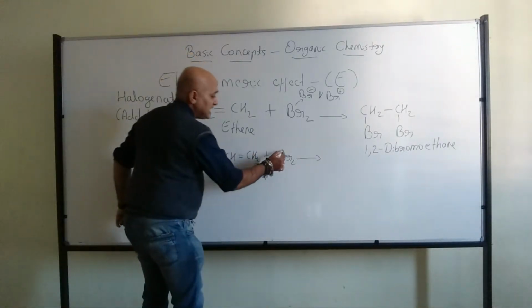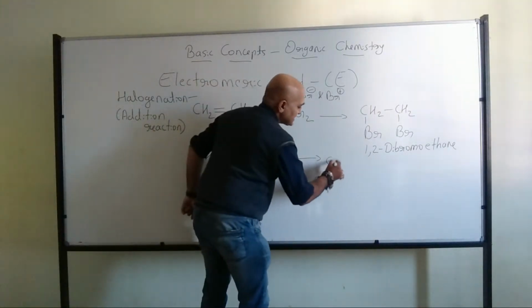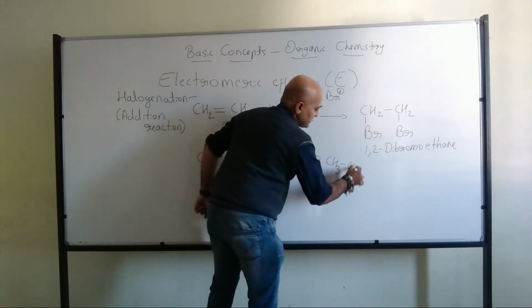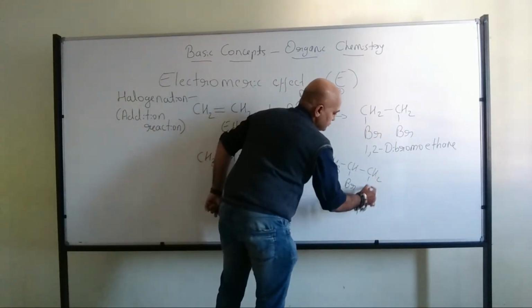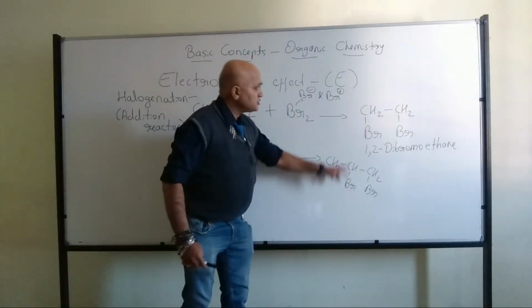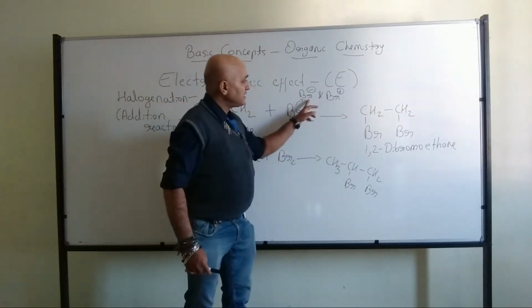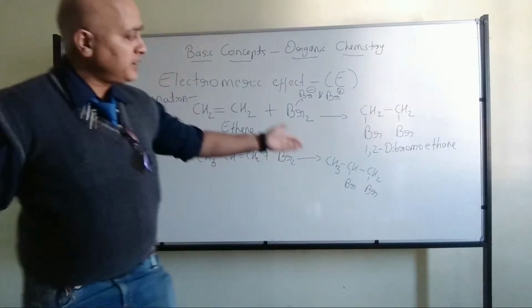Because we are dealing with the same type of element, therefore we can expect only one product. CHBr-CH2Br. Now, whether this bromine is due to bromonium or due to bromide, we are not worried. Product is same.